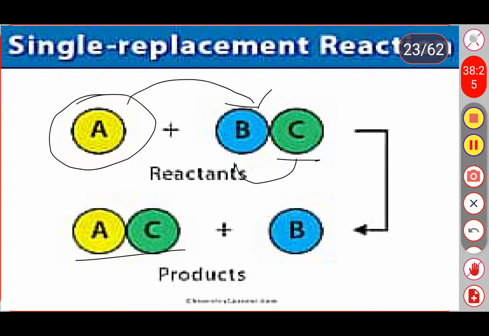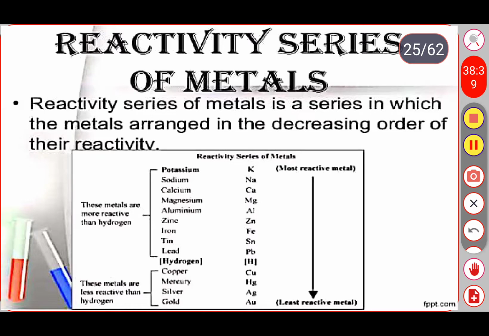Let's see. Single displacement reactions are very common in metals. Normally a more reactive metal displaces a less reactive metal.